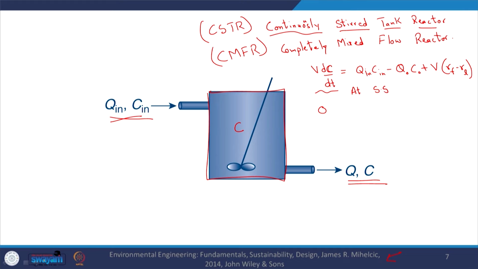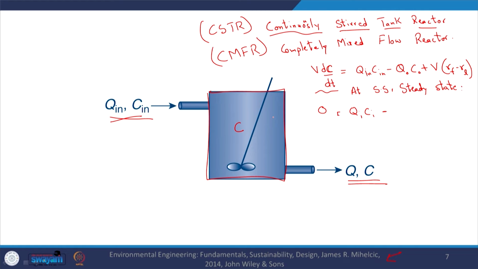At steady state, let me write it down, 0 is equal to Qin Cin minus, and one aspect to note is that the volume of this particular reactor is the same and the fluid volume too does not change with time.